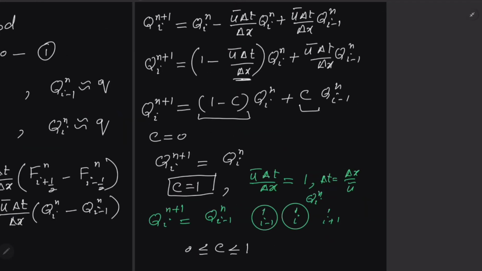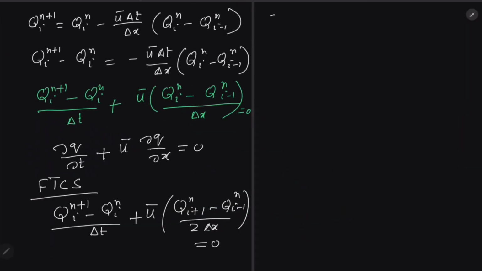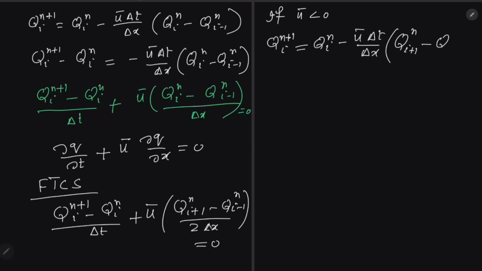Now, if U bar is less than 0, and I am talking about stability, then we have Q_i^{n+1} is equal to Q_i^n minus U bar delta T by delta X. In that case, the information will be coming from Q_{i+1}^n minus Q_i^n.